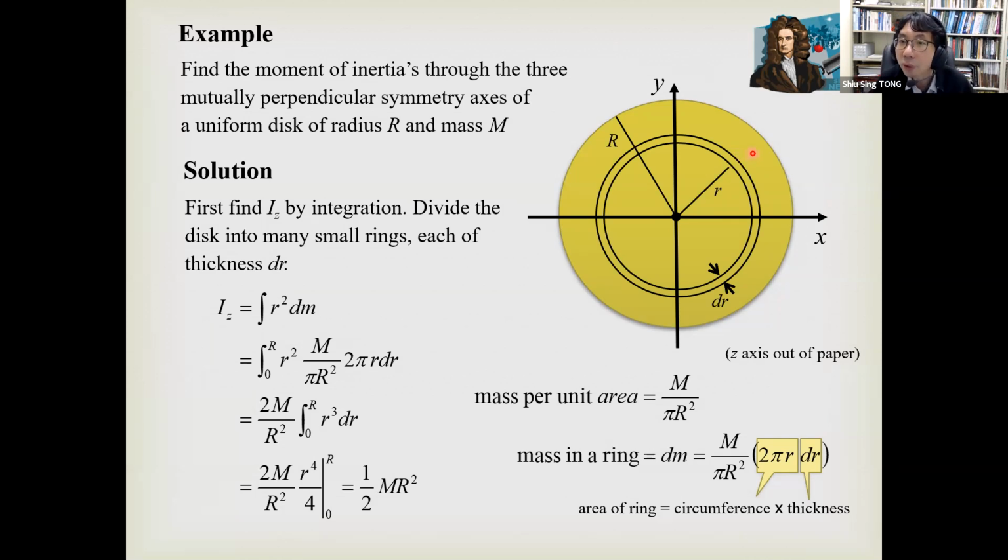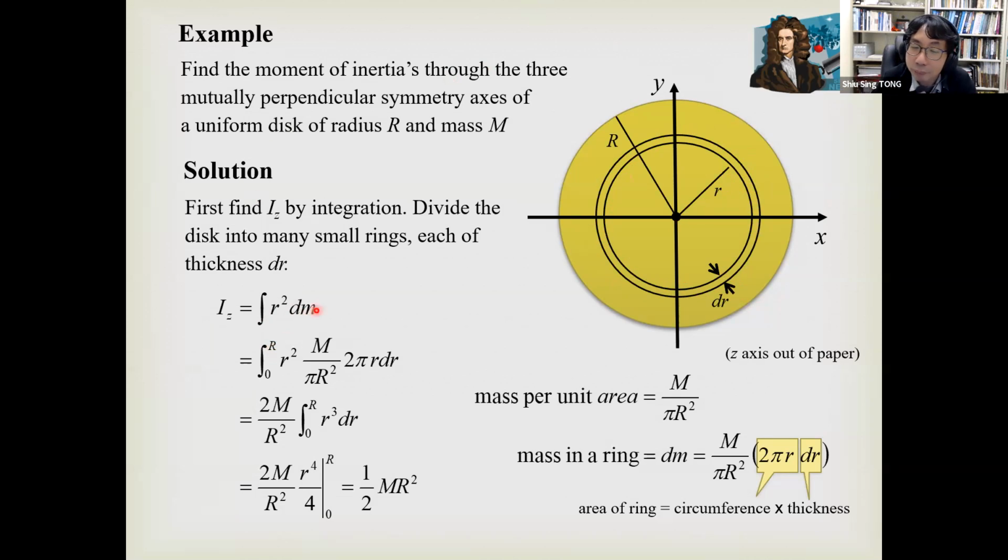Now for the masses inside this ring, you can see this ring actually consists of a lot of point masses. But since the ring is very thin, each of these masses in the ring has equal distance r from the axis.